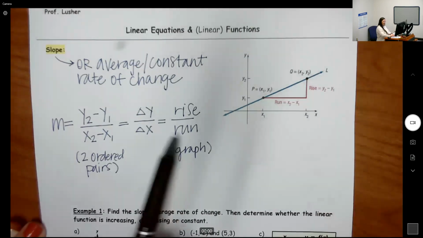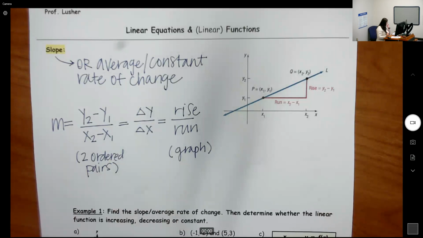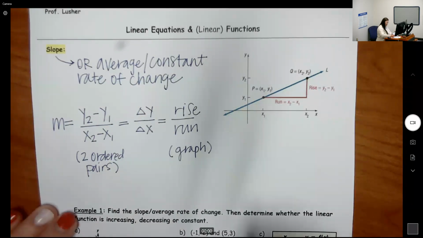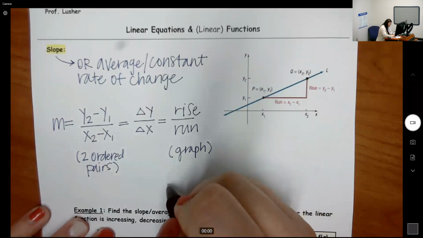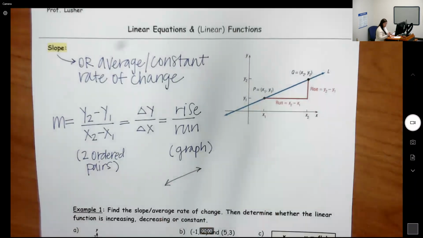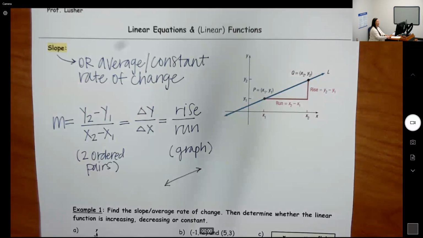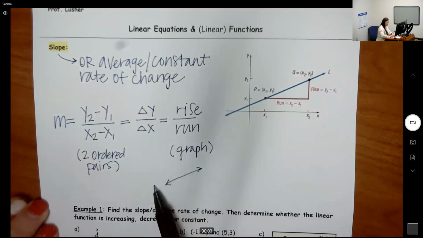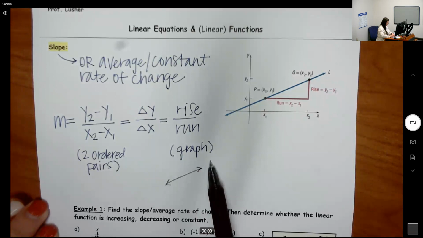I made my formula a little bit too big here, but that's okay. We have three different types of slope. The first one is when the line is going up from left to right.